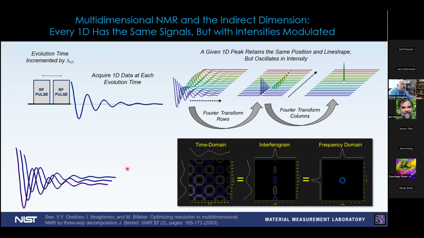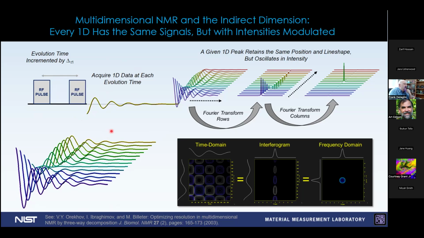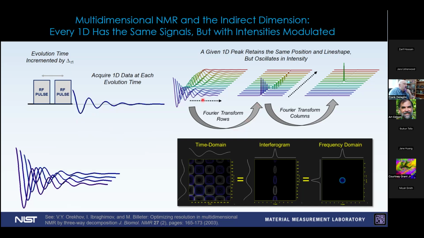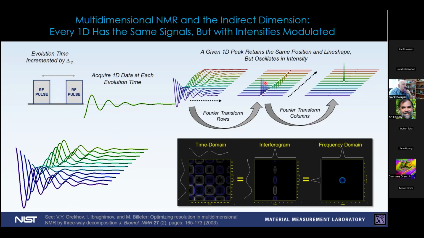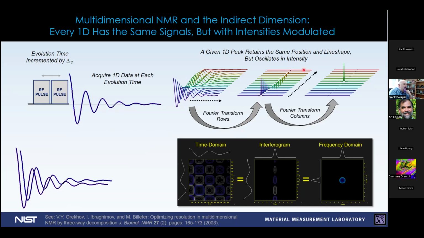They're at the same frequencies, but the details of the NMR pulse sequence are arranged so that the amplitudes of these peaks are modulated according to some interesting chemical information, like a chemical shift. So each one of these 1D measurements has the same peaks in it, but those peaks vary in intensity. They're modulated in intensity. And that holds true for the time domain, the interferogram, and the spectrum.